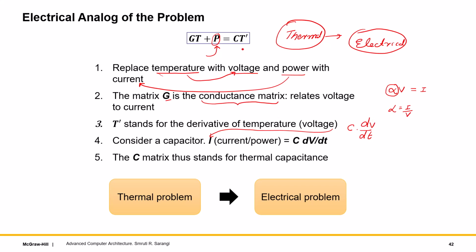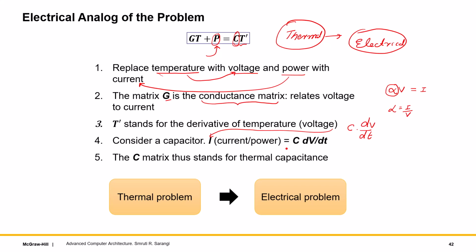Again the unit of this is power, which in the electrical analog is current. And C over here can be thought of as the capacitance matrix. It's the thermal capacitance, which is converting the time derivative of temperature to power, or the time derivative of voltage to current in the electrical analog problem.